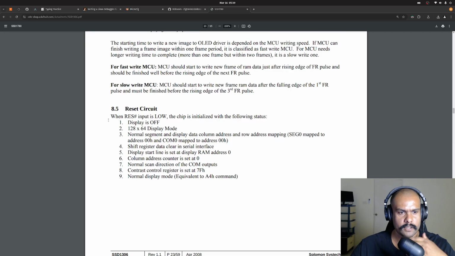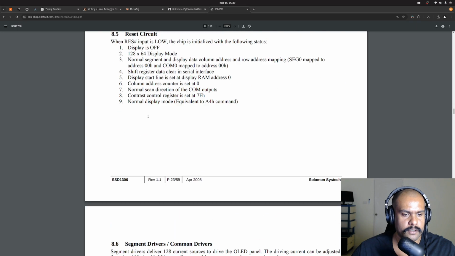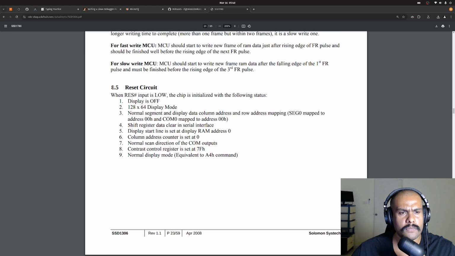Reset circuit. Yeah, this kind of looks like the initialization as well, but I did see it somewhere. Okay. When the RES hash input is low, the chip is initialized with the following status.